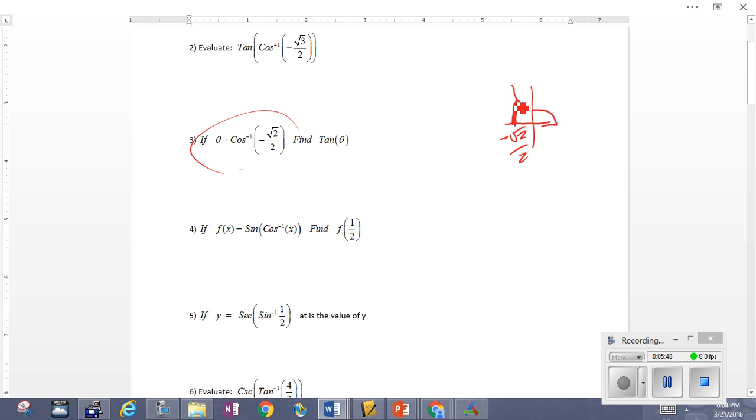I'm picking off the pi over 4, which is actually the 3 pi over 4 value. Then I'm asked to find, so what is the tangent of 3 pi over 4? Then f of 1 half, put that in.